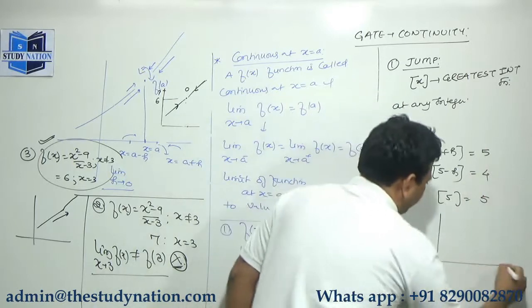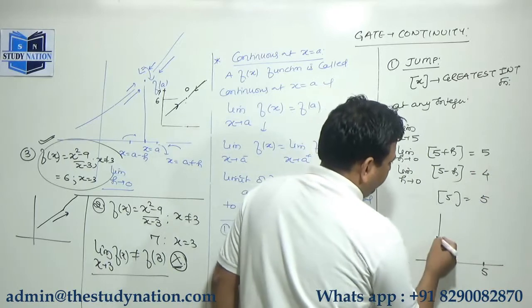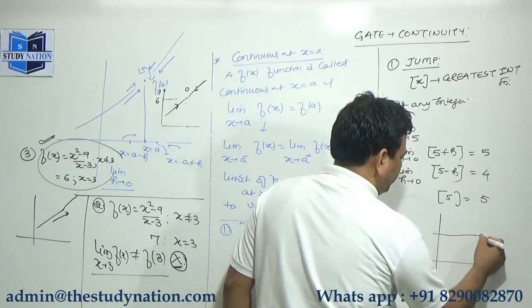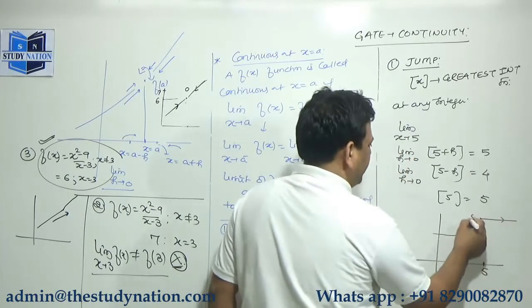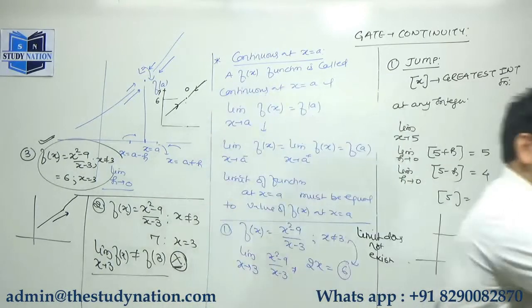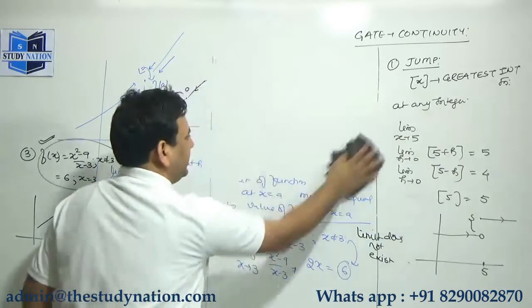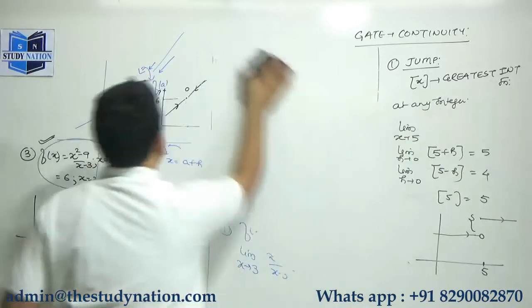So whenever you are reaching from the left-hand side, the value of the function is 4, but as soon as you reach the value 5, it goes to 5. So there is a jump in the value, so that's why this is known as a jump discontinuity. Okay, so we cannot make this function continuous because there is a break, or there is a jump.